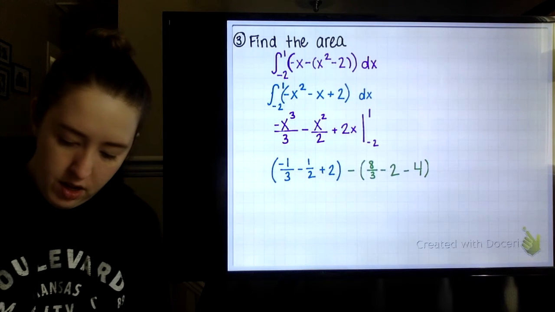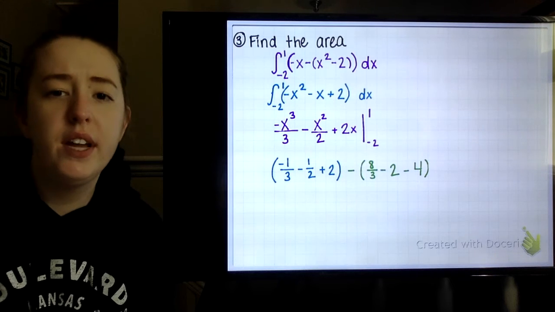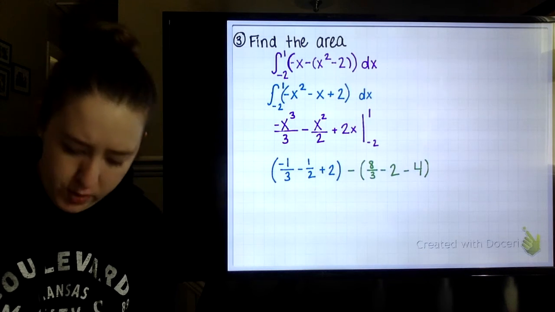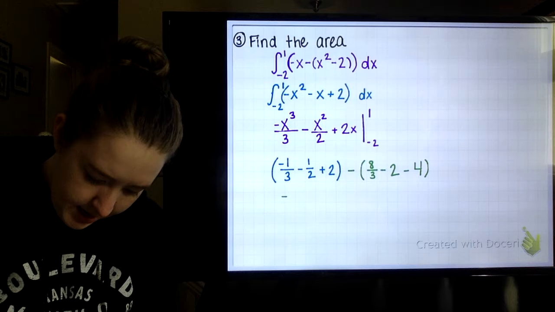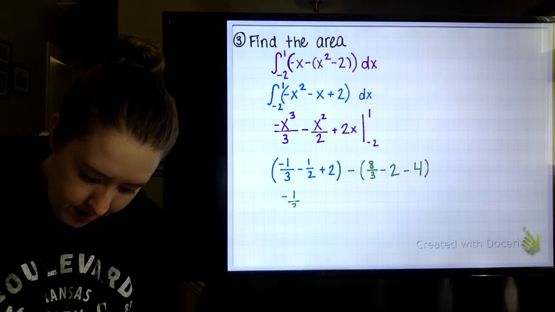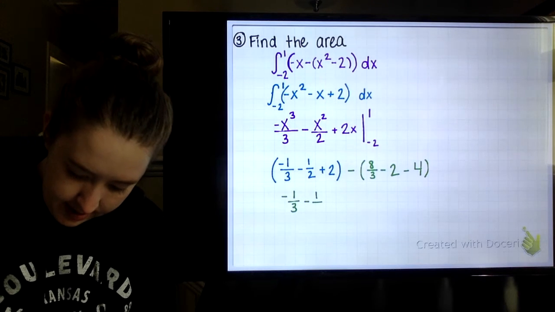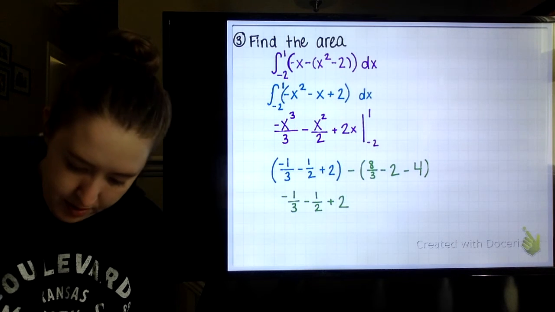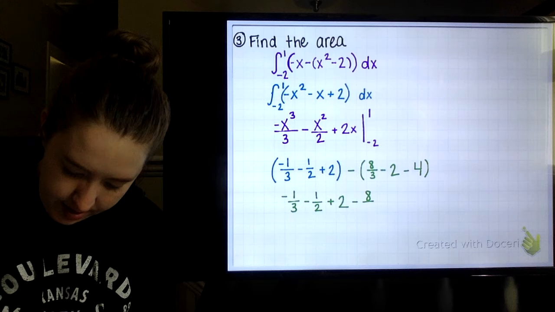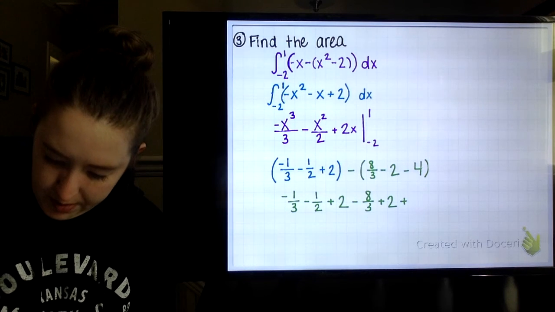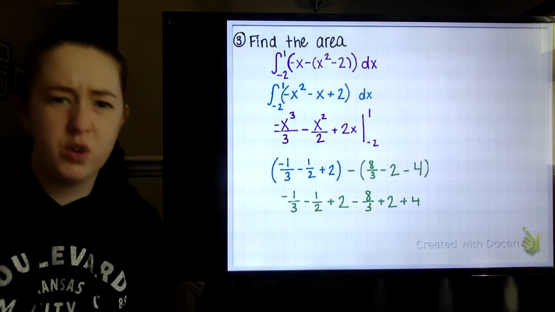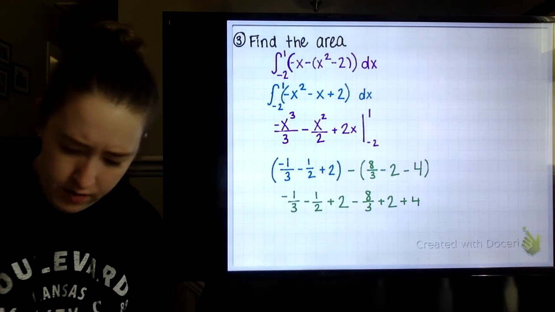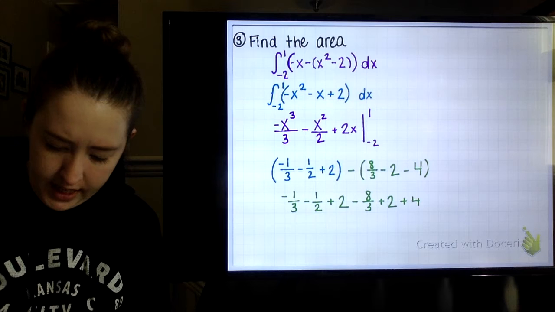All right. So if we go through and simplify this a little bit more, we've got -1/3 minus 1/2 plus 2 minus 8/3 plus 2 plus 4. Okay, I'm going to group together what I can right now to make life a little bit easier.